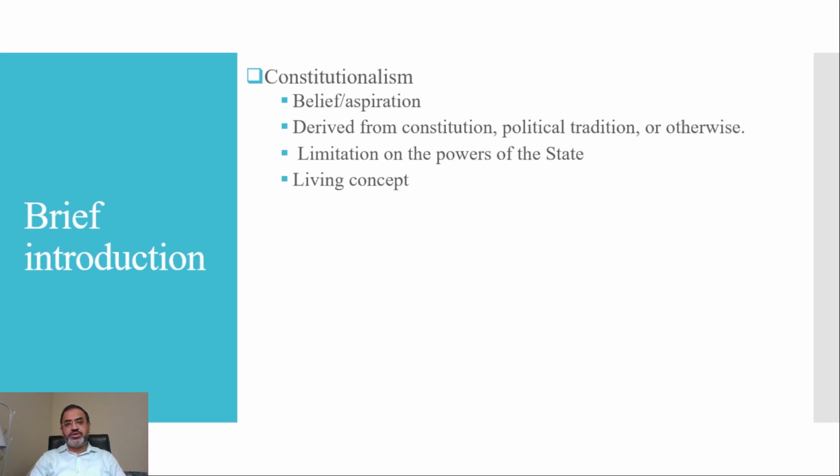And this is how constitutionalism comes into play, whereby the organs of the state ensure that, apart from performing their own functions, they are also ensuring that the other organs remain within the bounds of the constitution.